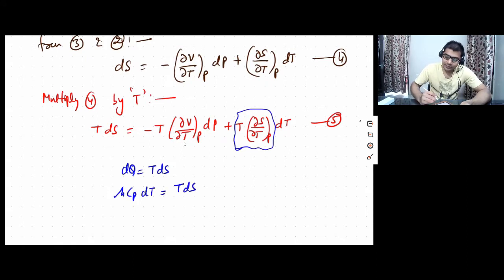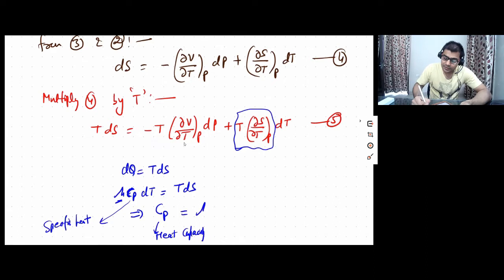So TdS is equal to that. Here the small cp is the molar heat capacity, the heat capacity corresponding to 1 mole of substance. When you multiply it by the number of moles, it becomes the heat capacity. So this is the heat capacity, which is equal to mu times cp, which is equal to T times del S over del T at constant P. That's equation 6.